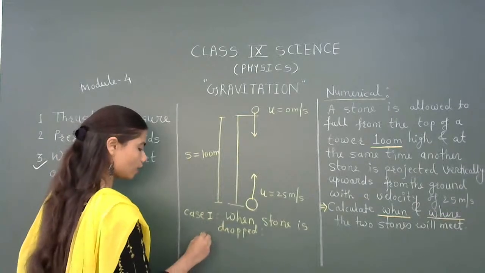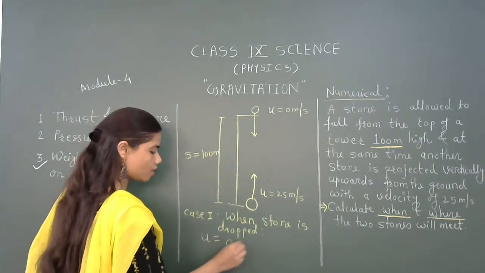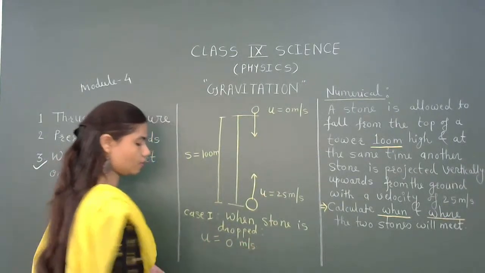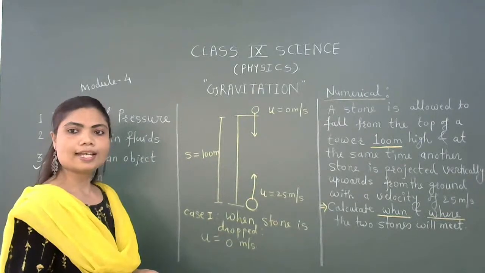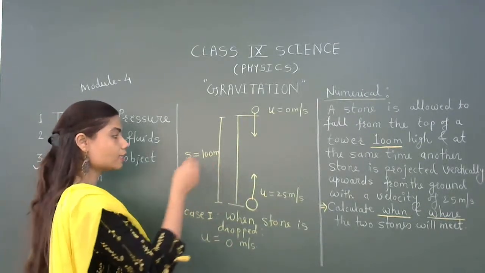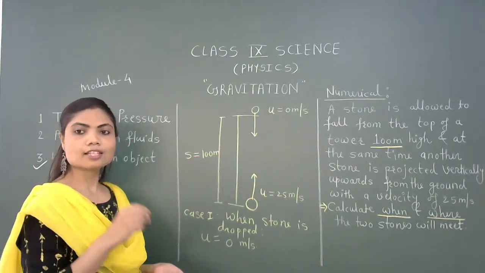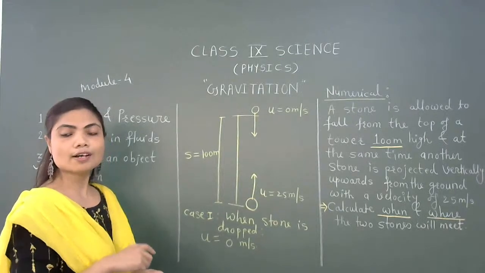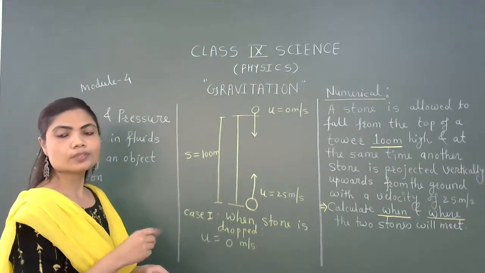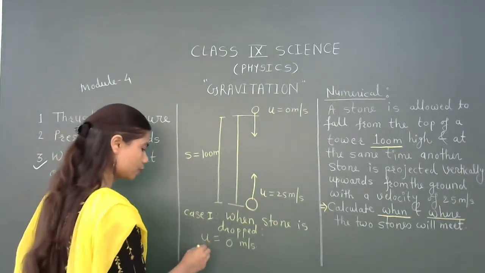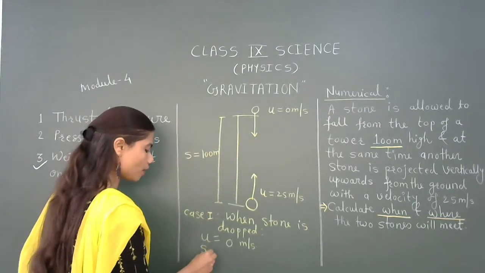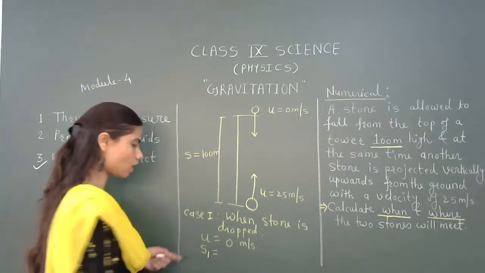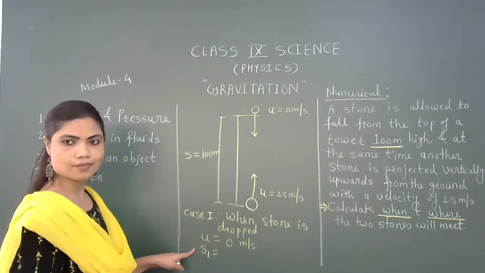We know that the initial velocity u will be 0 meter per second. And let the displacement covered by this stone which is falling down be S1.